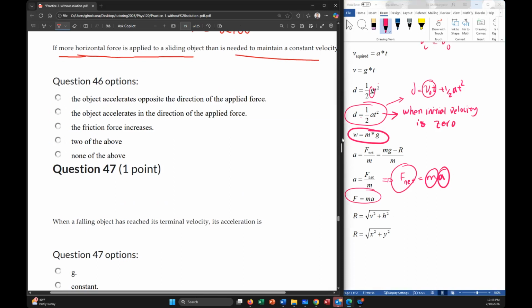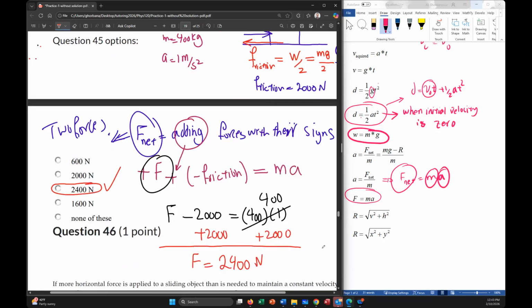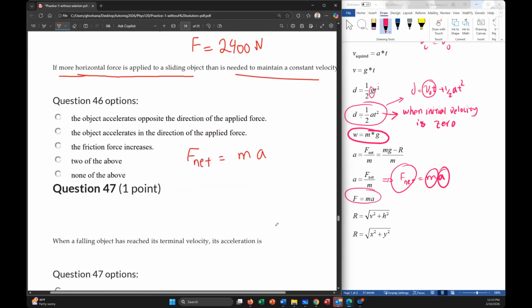If it's needed to maintain a constant velocity, okay, so if you want to keep the constant velocity, it means that you need to, let me just write it. F net is equal to mass times acceleration, yes? If you want this constant velocity, it means that acceleration should be 0, yes? If you are exerting more applied force, what happened?